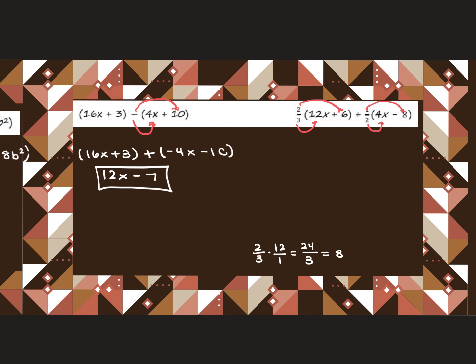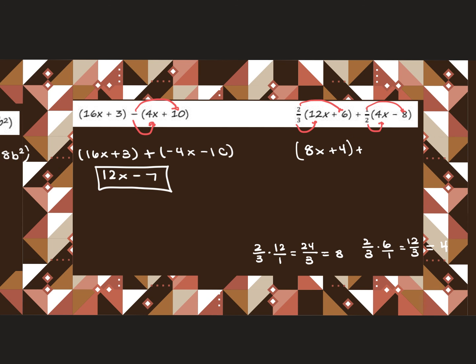So far here, I have 8x. I'm going to do the same with my 6. So I have 2/3 times 6 over 1, which gives me 12 over 3, which is equal to 4. So I have 8x plus 4 over here. Then I'm adding it together.